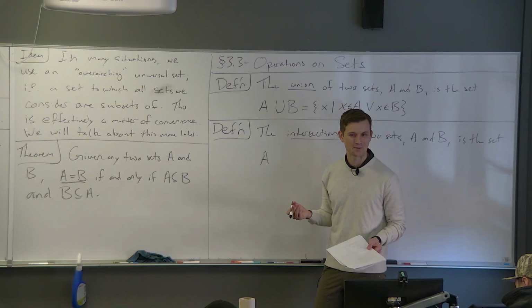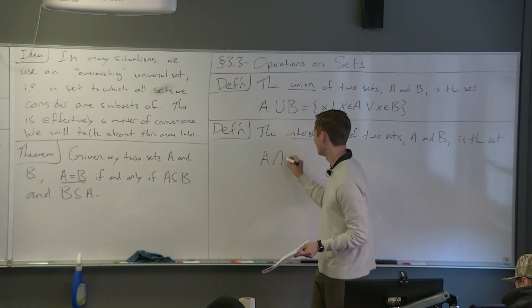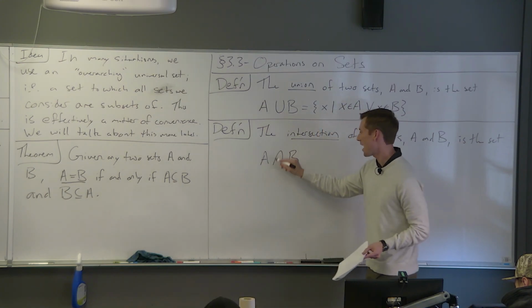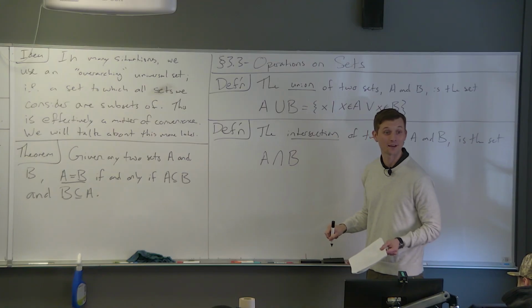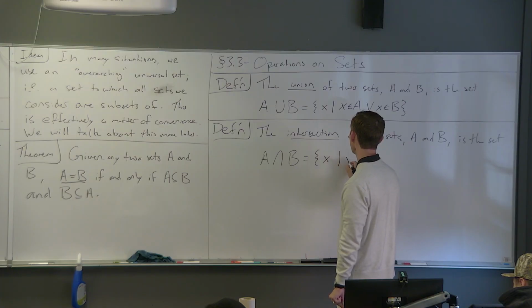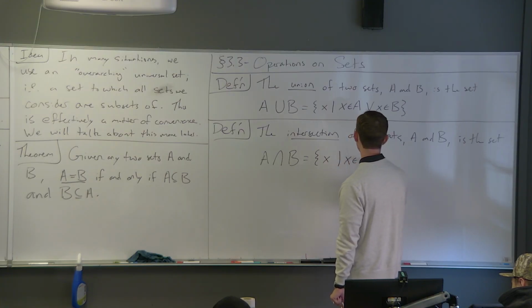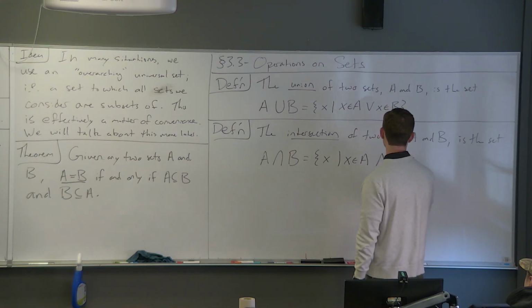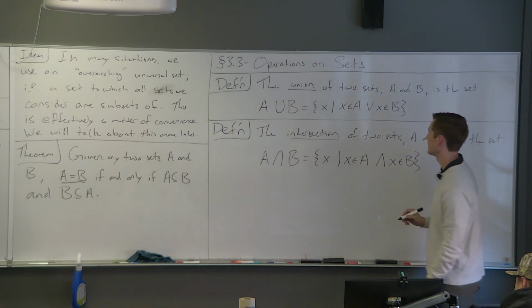Maybe we could use the same symbol, but make it go down instead of up, yeah? A cap, A intersect B, A ∩ B, which is just the set of x's such that x is in A and x is in B.